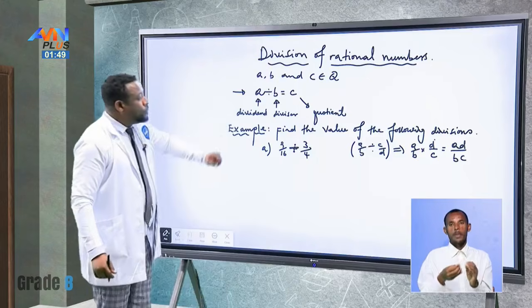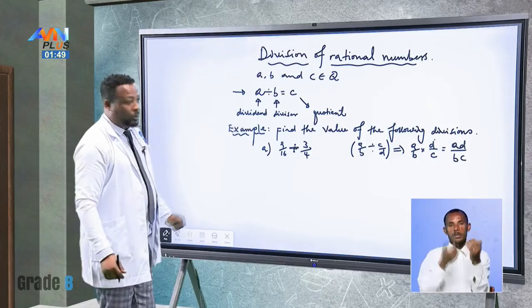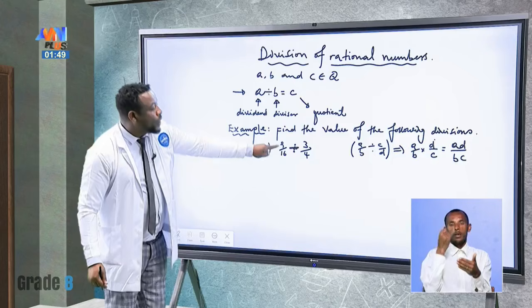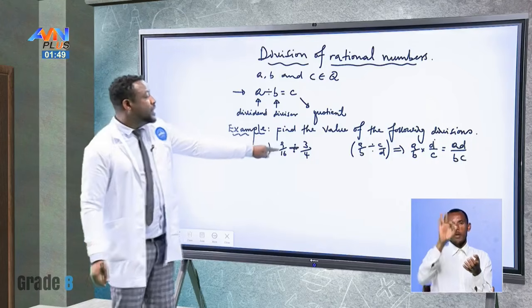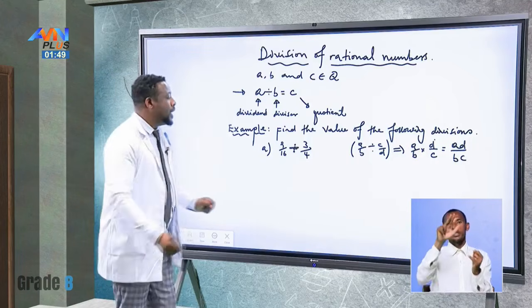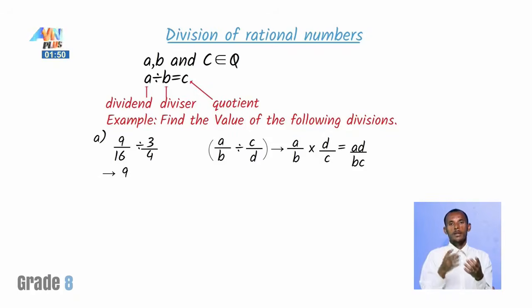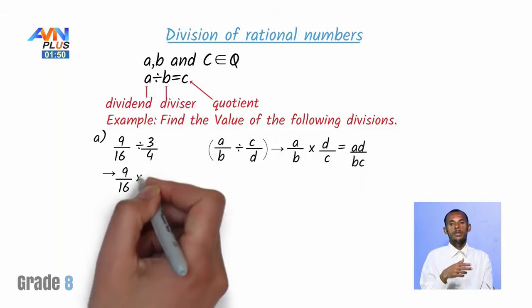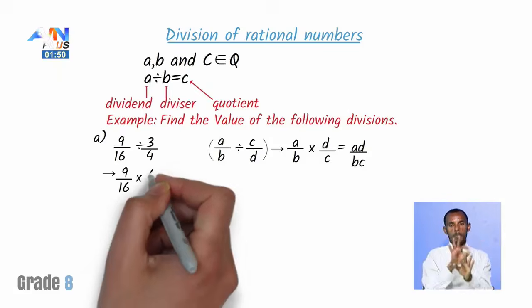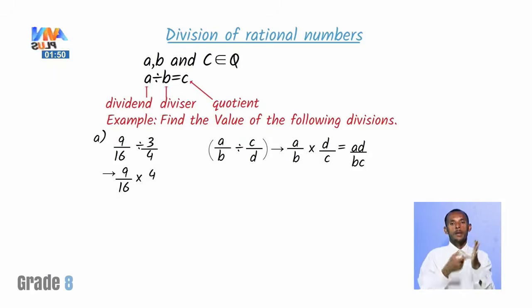Based on this principle, if you want to evaluate 9 over 16 divided by 3 over 4, you need to write it this way: 9 over 16 times, changing the division into multiplication by taking the reciprocal of the second fraction, 4 over 3.